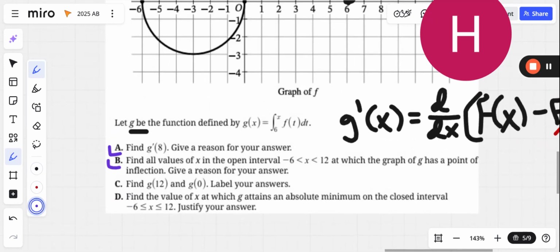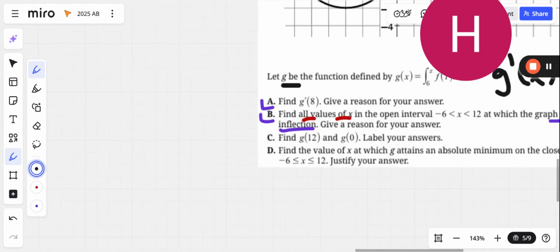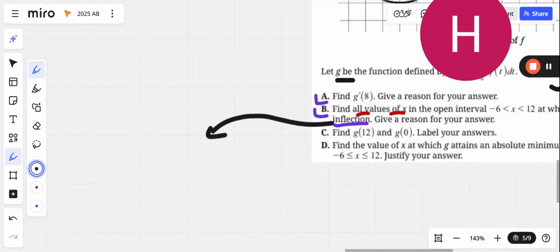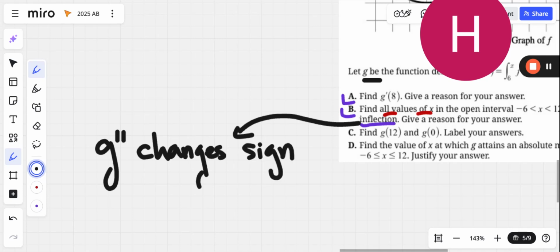Okay, part B. Find all values of x in the open interval from -6 to 12. So all values at which the graph of g has a point of inflection. So what does that mean, to have a point of inflection? That means that g double prime changes sign. It either goes from positive to negative or negative to positive.